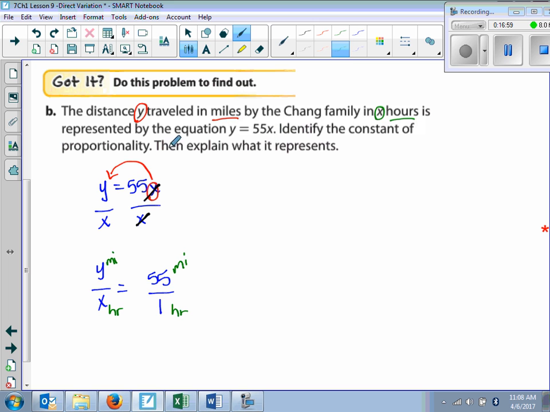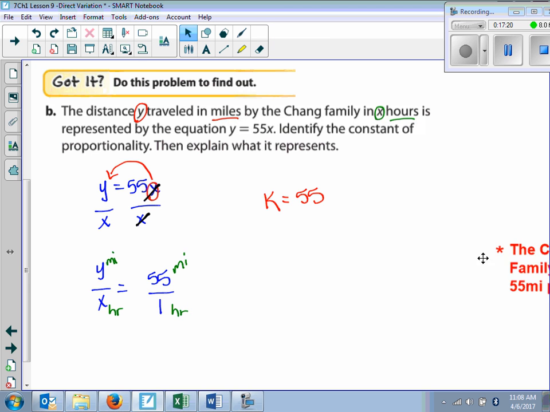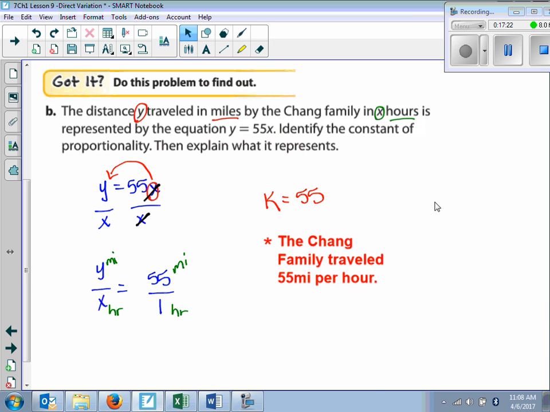So here, the constant of proportionality, what was the k? Is 55. And what it represents is that the Chang family traveled 55 miles per 1 hour. Is everybody clear?